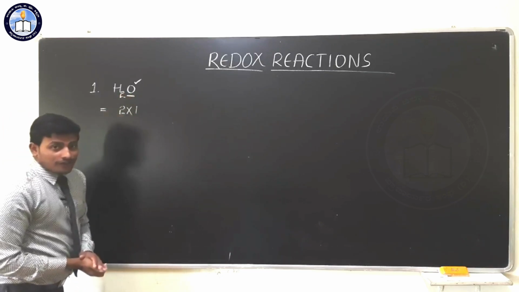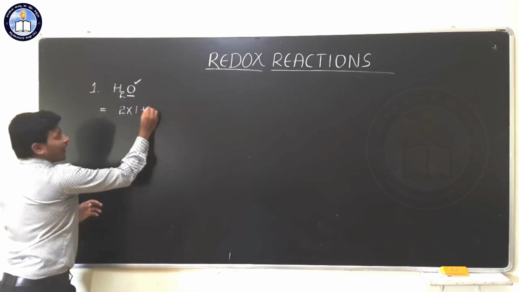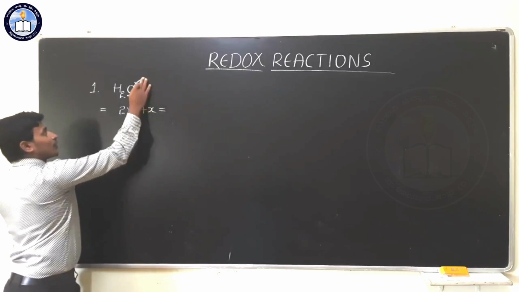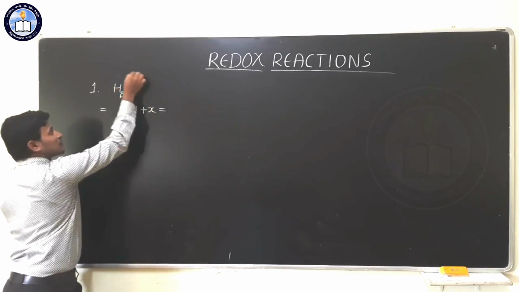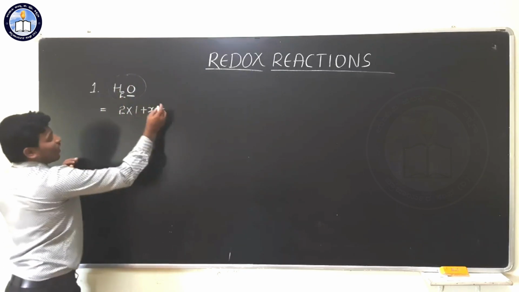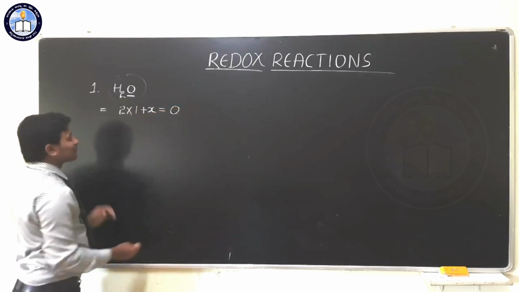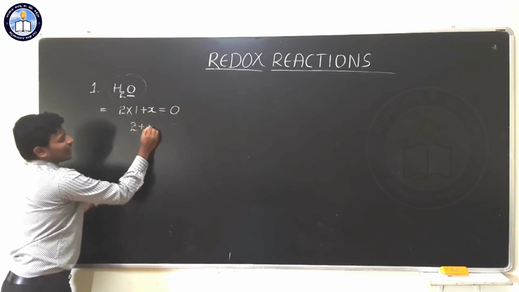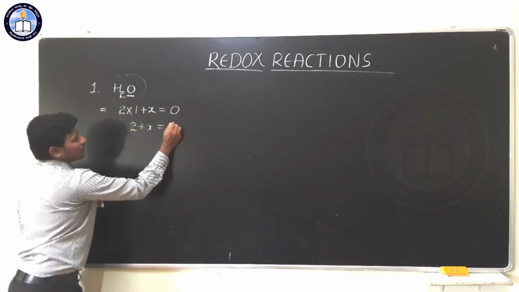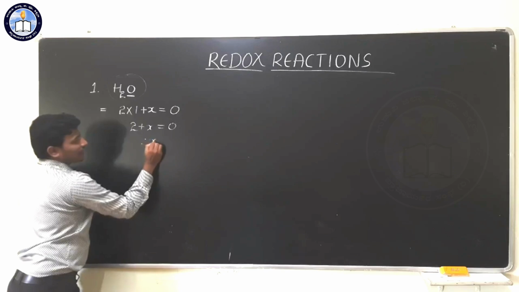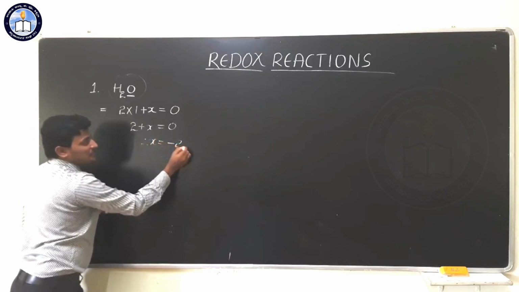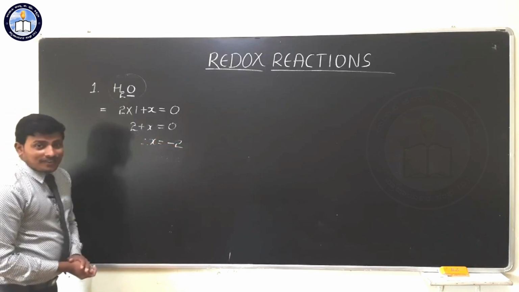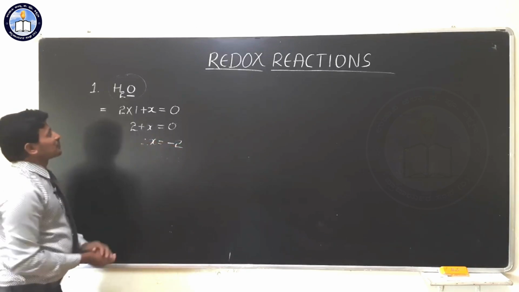For oxygen we have to find out, therefore we put x here: plus x equal to, and since this is a neutral molecule, we put 0. That is 2 plus x equal to 0. Hence x equal to minus 2. We got the oxidation number for oxygen equal to minus 2.